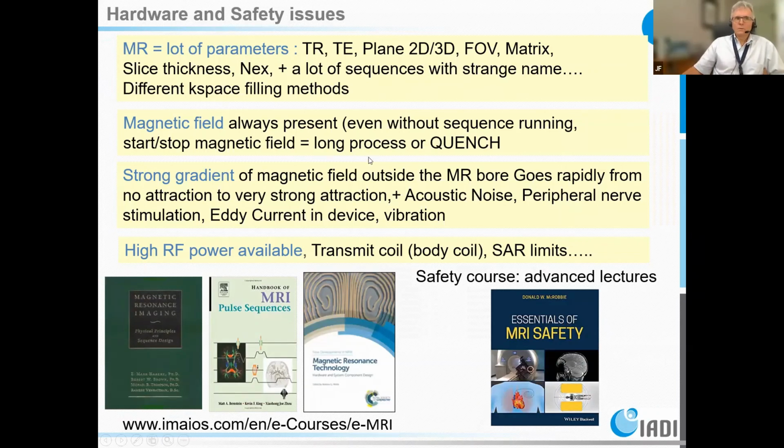You have to know how to quench it if it's a vital issue. The gradient of magnetic field, we need it, but this is the problem to noise, the noise of the system, peripheral nerve stimulation, eddy current on devices and vibration. Radio frequency is the SAR, the main issue. You have to understand this.